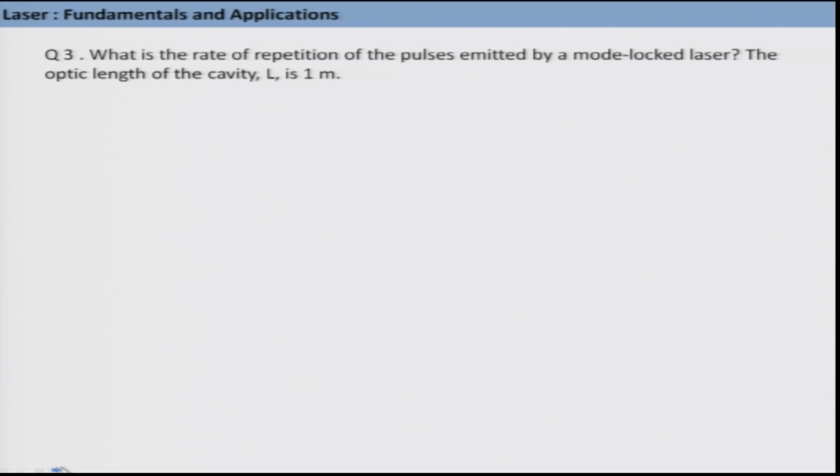The question is, what is the rate of repetition, or in other words, what is the repetition rate of the pulses emitted by a mode-locked laser? The optical length of the cavity L is 1 meter.